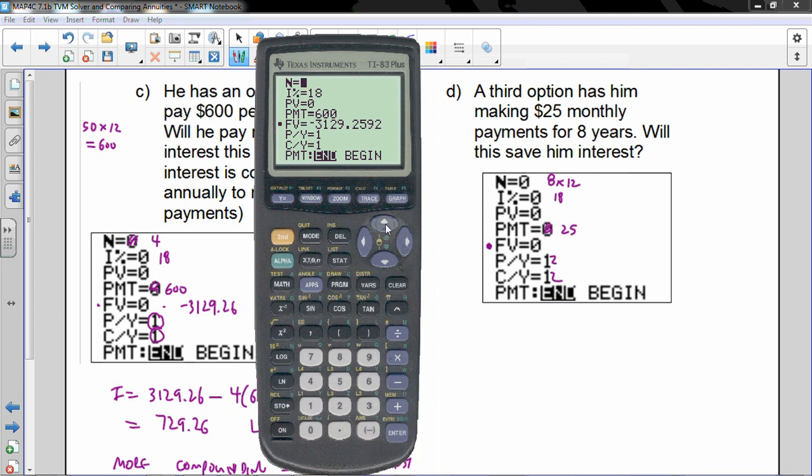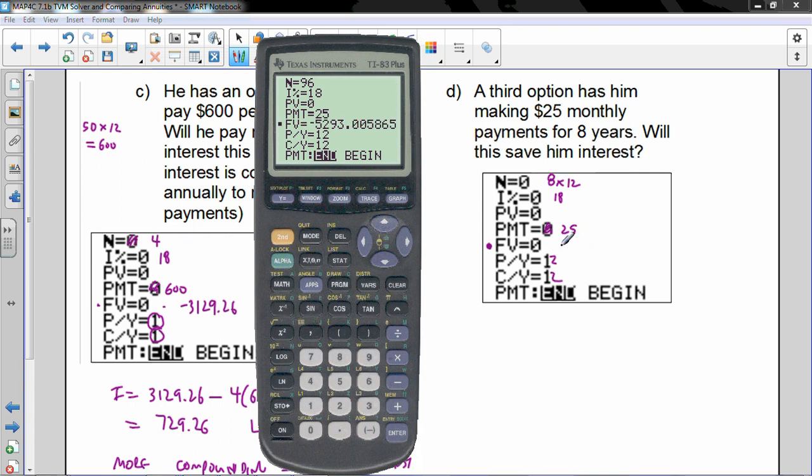So up here, we're going to have 8 times 12, 18% interest. The payment's $25, half as much as his original plan, and 12 times a year. Good. And solve for that.